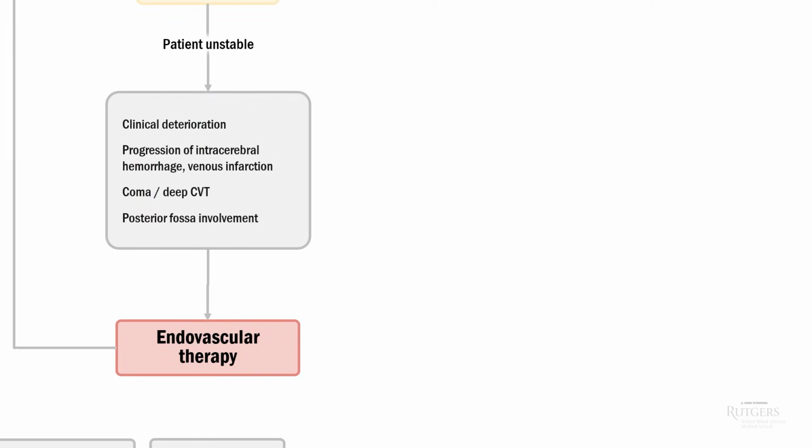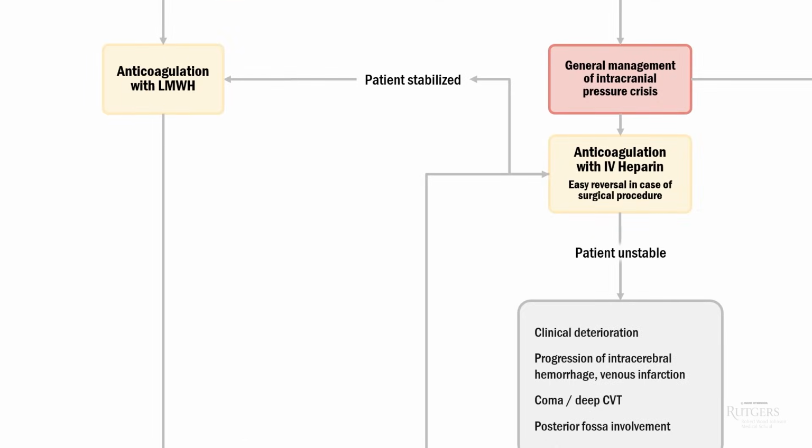If the patient remains unstable, with clinical deterioration, progression of intracerebral hemorrhage and venous infarction, coma, thrombosis of the deep venous drainage, or posterior fossa involvement, endovascular therapy may be considered. And once the patient is stabilized, anticoagulation may be transitioned to low molecular weight heparin.